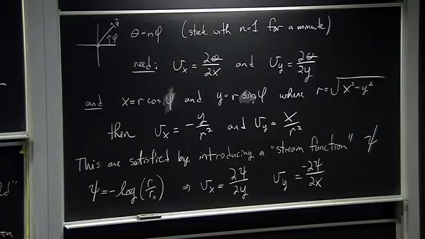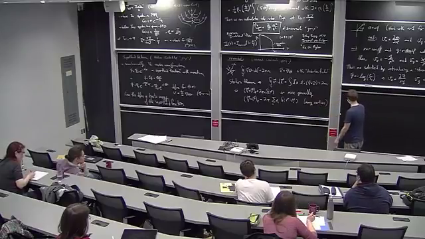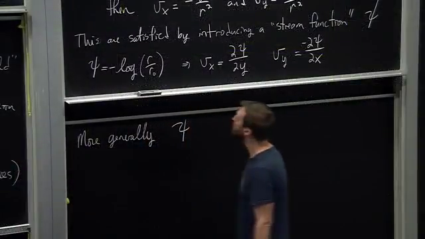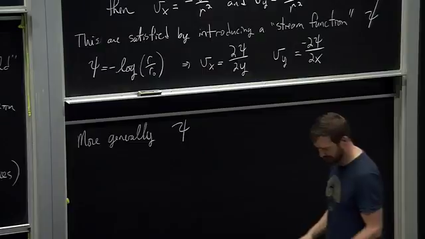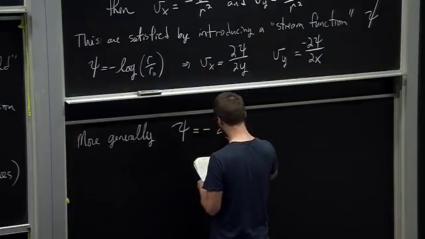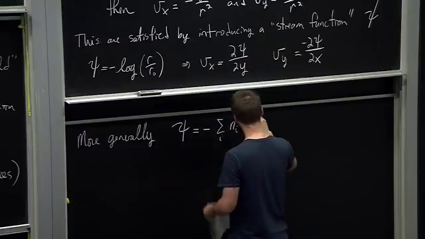Okay, good. So that's for one. I just did that for n equals 1. But I need this more generally for many vortices. So more generally, that function will be a sum over all vortices, with their topological charges.